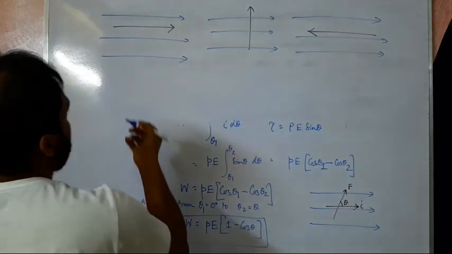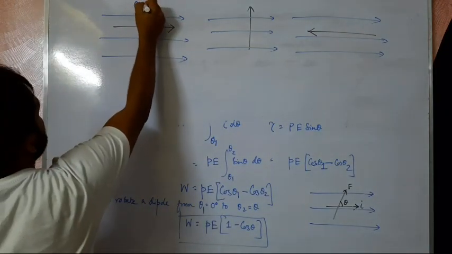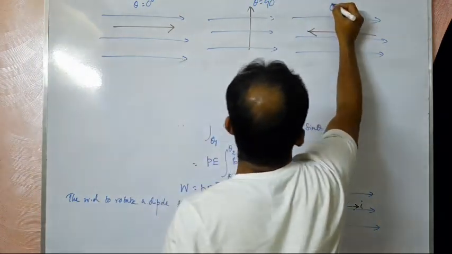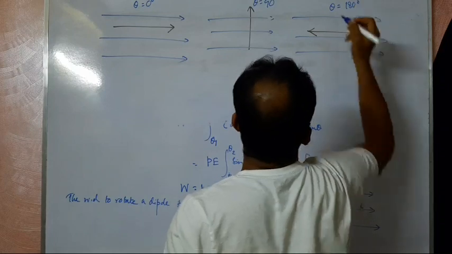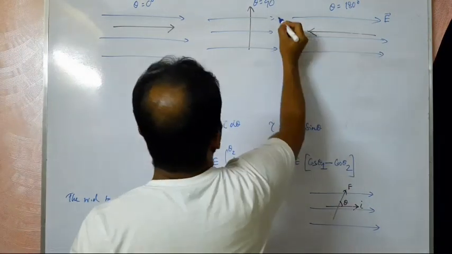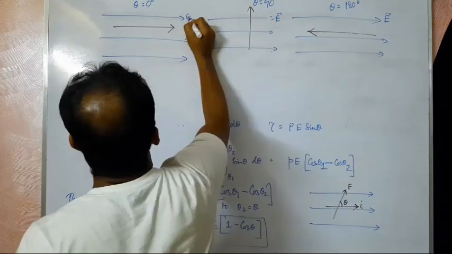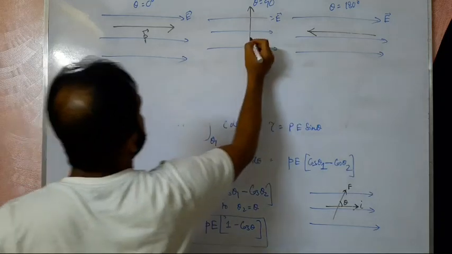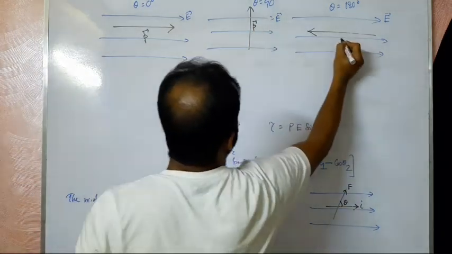Let us write the angles. Here θ equals 0 degrees, here θ equals 90 degrees, and here θ equals 180 degrees. This is the electric field, and these are the directions of P.